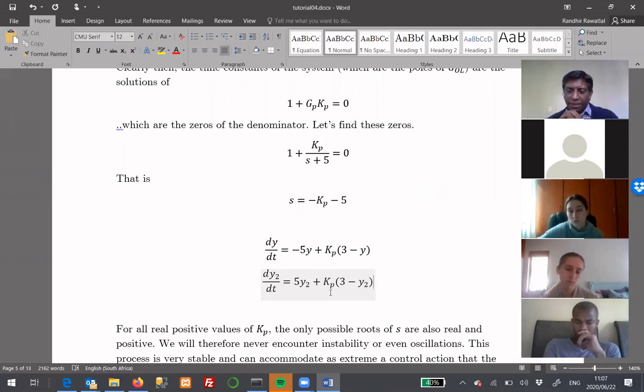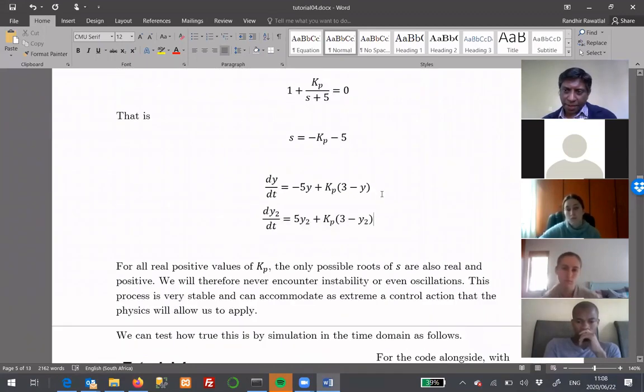So if Kp is too low, we don't ever achieve our set point. On the other hand, if Kp is too high, that might cause extremes in our control. So it might cause our system to oscillate beyond the safety limits of the materials of construction. And we look at some examples around that.